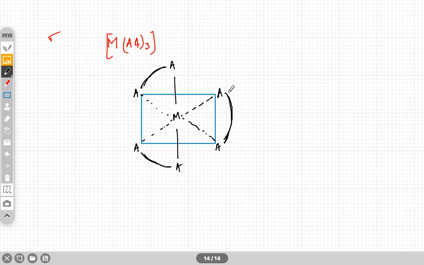Sir, could you please repeat? Yeah, tell me. No, sir. Can you please repeat that, sir? I didn't hear you. Along the plane of the square, do we have symmetry?